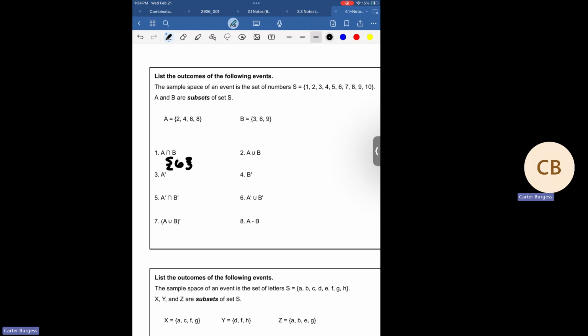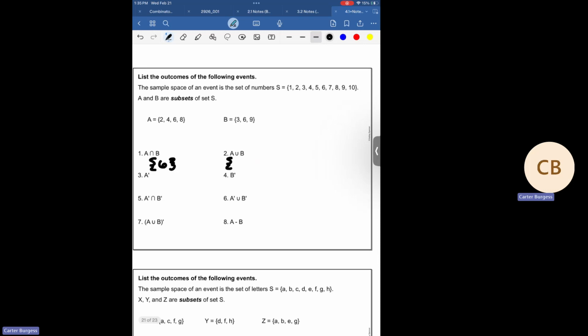Okay. For number 2, if I want to figure out the outcomes that are either in A or in B, so A union B, what are these outcomes going to be? So 6 is in either A or B. We're just trying to figure out what is in one or the other. So for instance, do we see the element 1 in A or B?